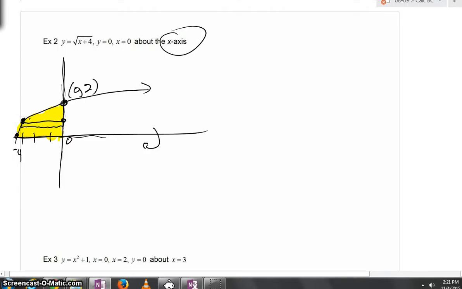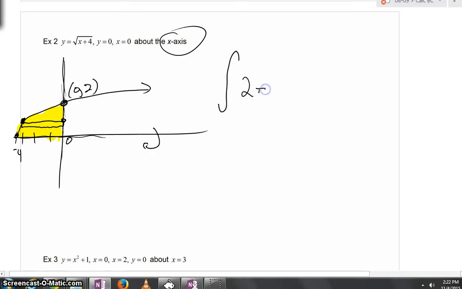Shells, remember, will have rectangles that are parallel to the axis. This is so important that you draw at least one rectangle parallel to the axis. I'll tell you why. Right now you can see that your rectangles would be stacked vertically, up and down. And that tells you so much.